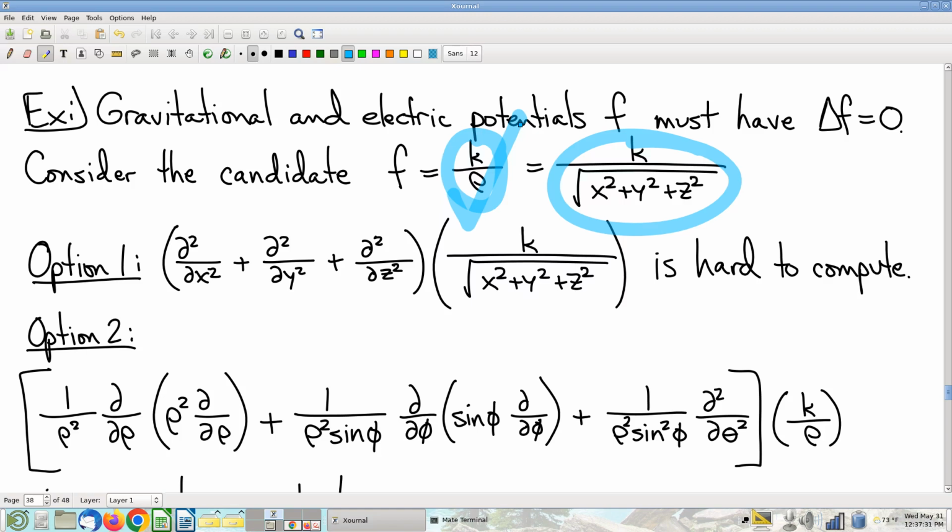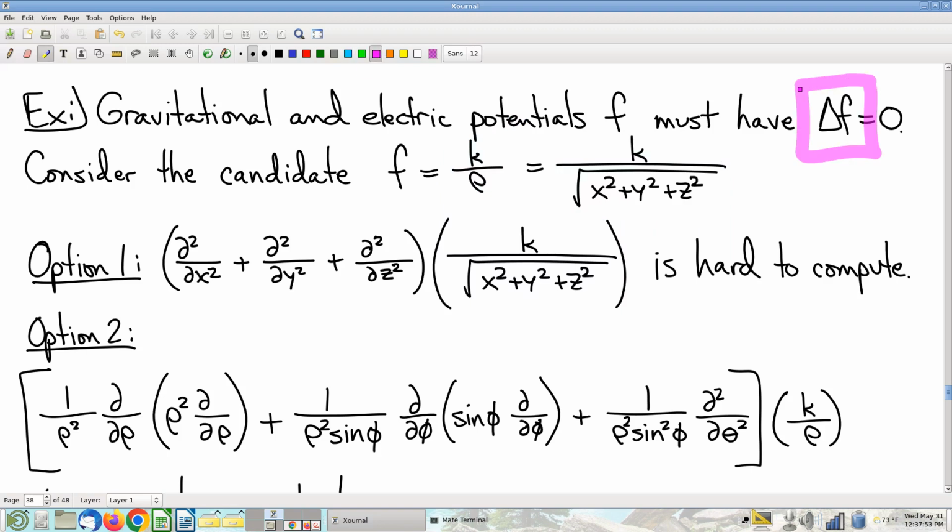X, Y, and Z are not particularly natural coordinates to describe radial distances from a fixed center. So spherical coordinates are arguably already starting to make sense. But anyway, let's entertain how to compute the left-hand side, this thing here that we want to be 0.